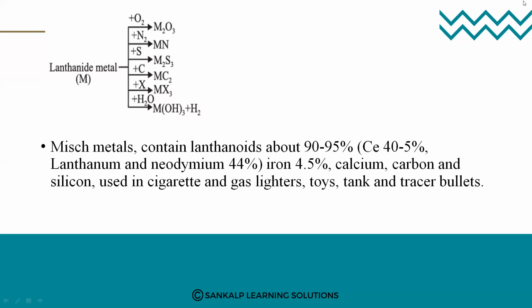So 40 to 45% is cerium, then lanthanum, some neodymium, and some traces of other rare metals. These misch metals are very important. They are used in cigarettes, gas lighters and toys. These are some of the uses of misch metals.